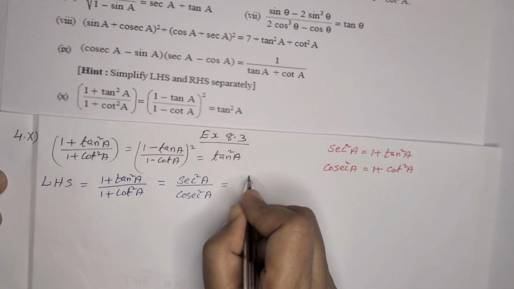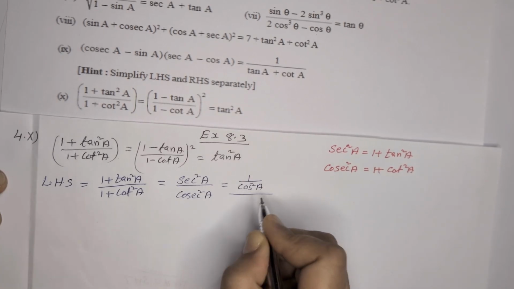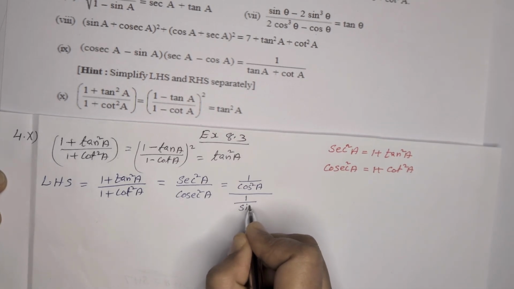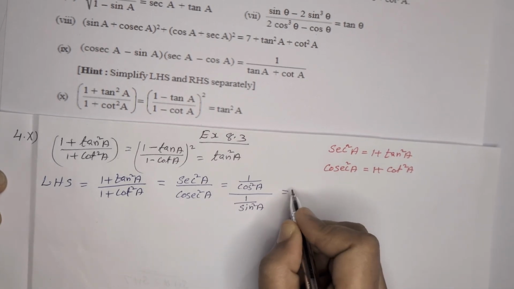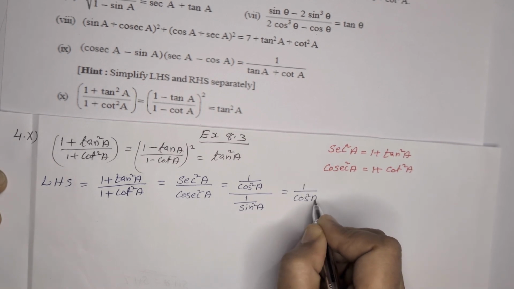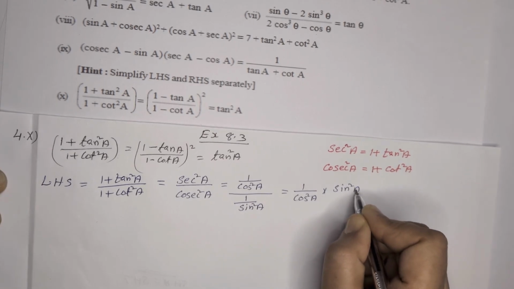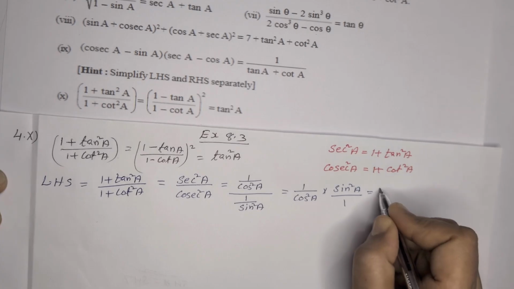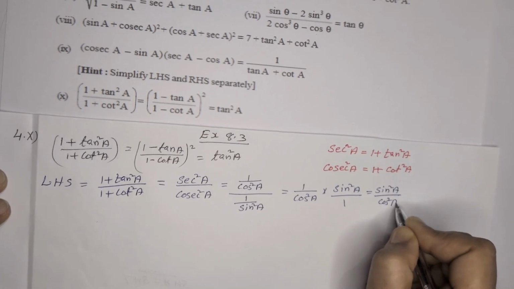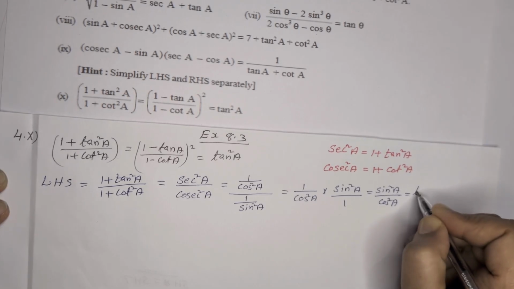Now sec means 1 by cos, so sec square A is 1 by cos square A. Same way cosec means 1 by sin, so 1 by sin square A. Take the reciprocal of the denominator, numerator same as 1 by cos square A. When we take the reciprocal of the denominator, sin square A by 1, which means sin square A by cos square A, which is equal to tan square A, since sin by cos is tan.